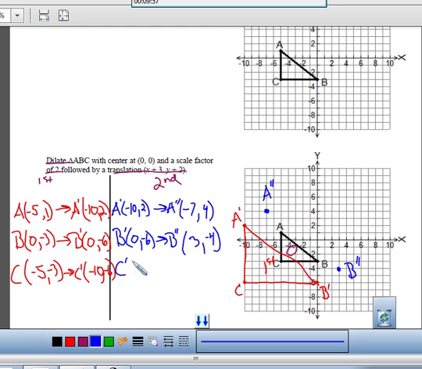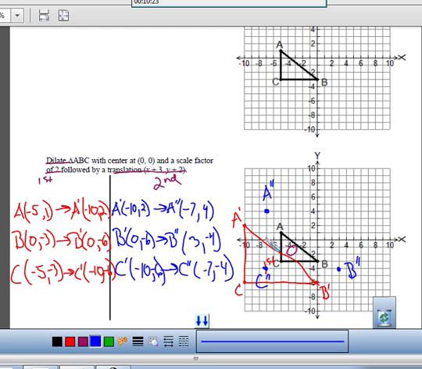And then C prime is negative 10, negative 6. Oops. We're going to do C double prime, we're going to add 3 to negative 10, which we already know is negative 7. Add 2 to negative 6, we already know is negative 4. So negative 7, negative 4, that's right here, right in the middle of the first one.